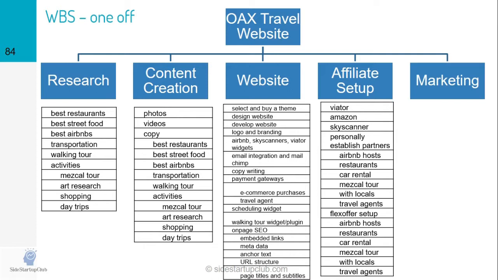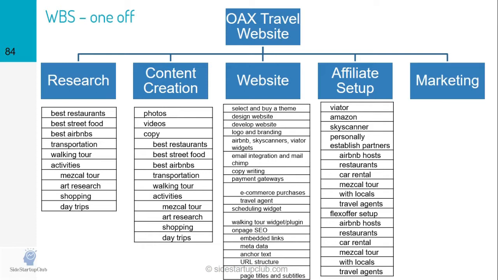And then setting up my affiliate partnerships. Now the first ones are extremely easy. And some of them I'm already part of the network. So Viator, Amazon, Skyscanner, those are all generic partnerships. I simply need to register an account. But then I have the personally established partnerships.